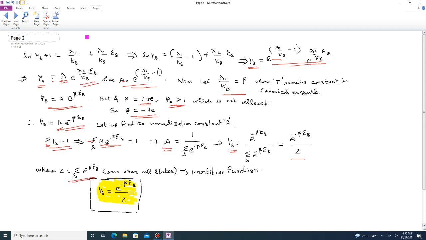This we call the partition function. Therefore the expression for p_s is e power minus beta e_s divided by Z, where Z is called the partition function. This is an important expression that we have to use in solving problems.